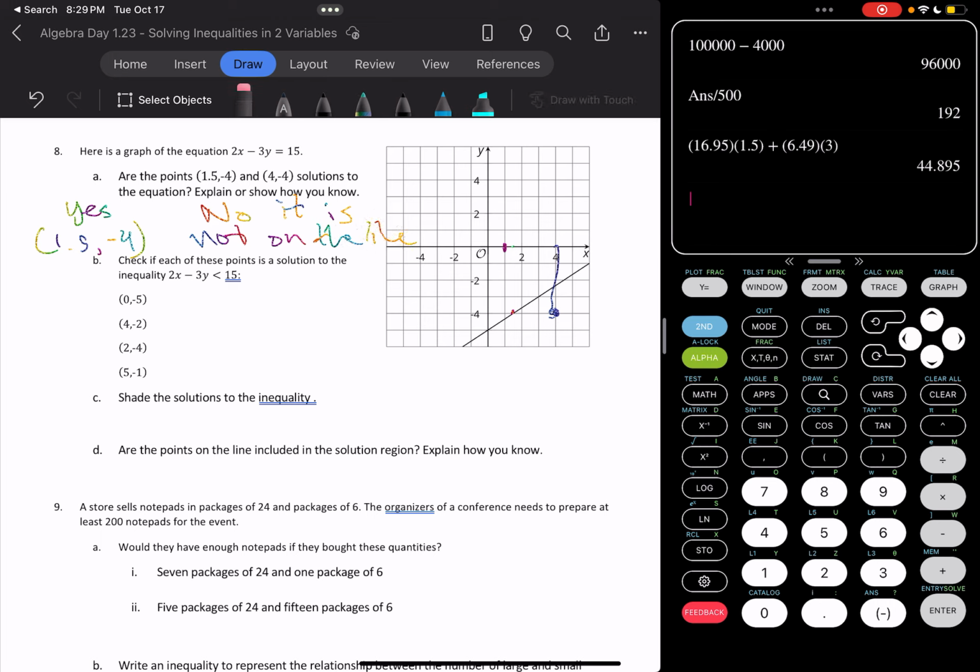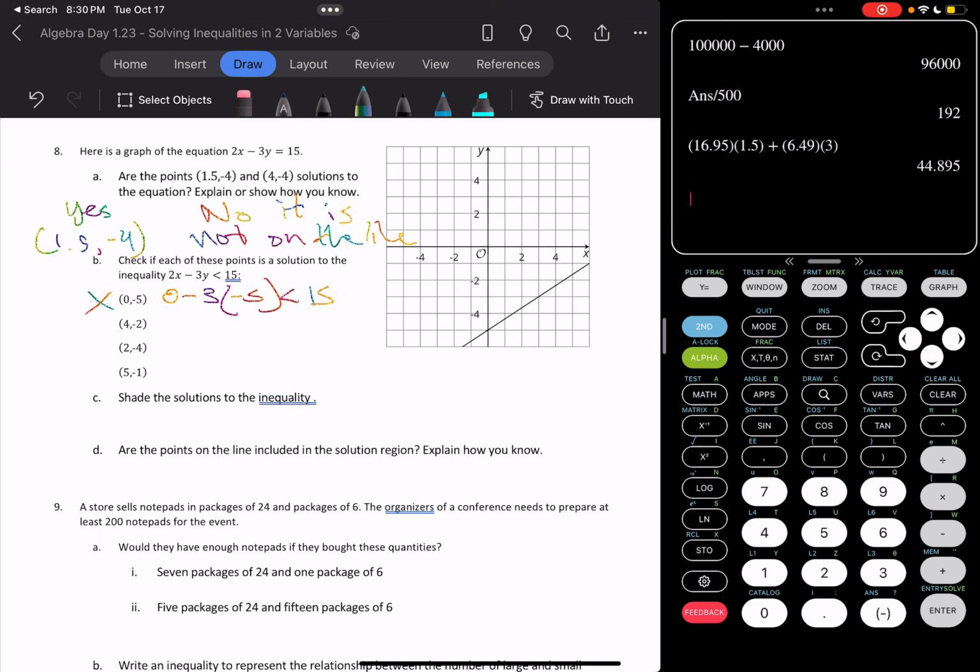Then it says check and see if each of these points is a solution to the inequality, where this is less than 15. So I plug in 0 comma negative 5. I would have 0 minus 3 times negative 5 is less than 15. That equals 15, so that is not true.